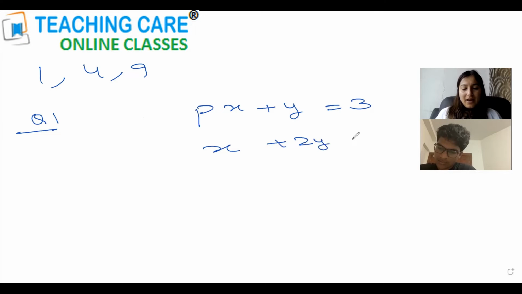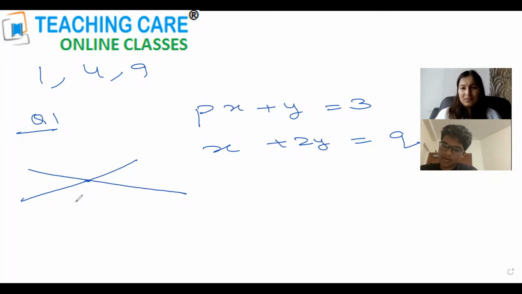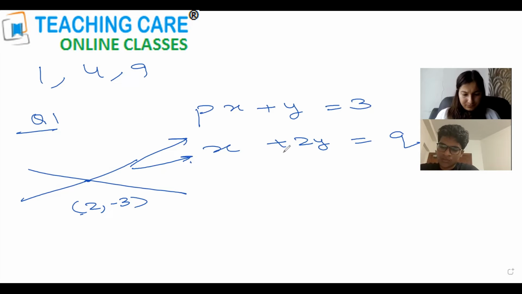Now, we have their point of intersection, which is? It's 2, negative 3. Yes. So we will put these values as x and y in both the equations. Let's put it in the first one. What will you get?